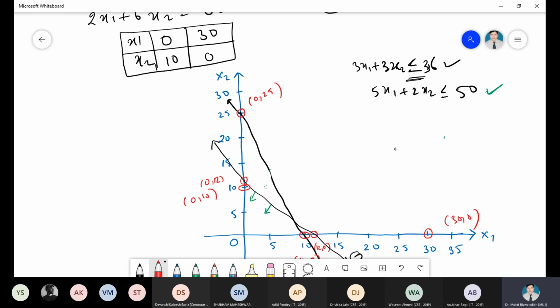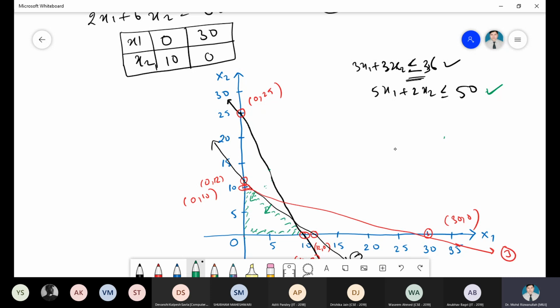So I have to draw this line here, right? This is the third equation. So your final feasible region is further reduced by this small part, right? So your actual feasible region is this. This is your feasible region, right?